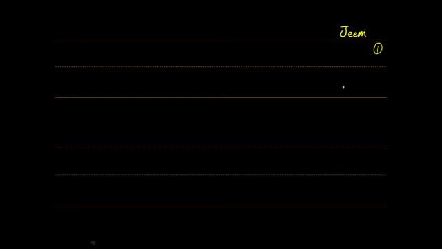The Jeem is going to start here and has a dot in the center. It's going to curve below the line. Again, let's do it one more time, like this, with a dot in the center. And one more time, with a dot in the center. That's the Jeem in the independent position.